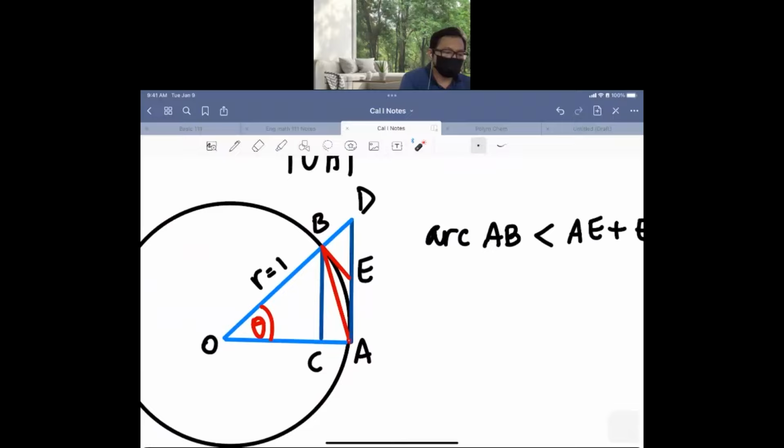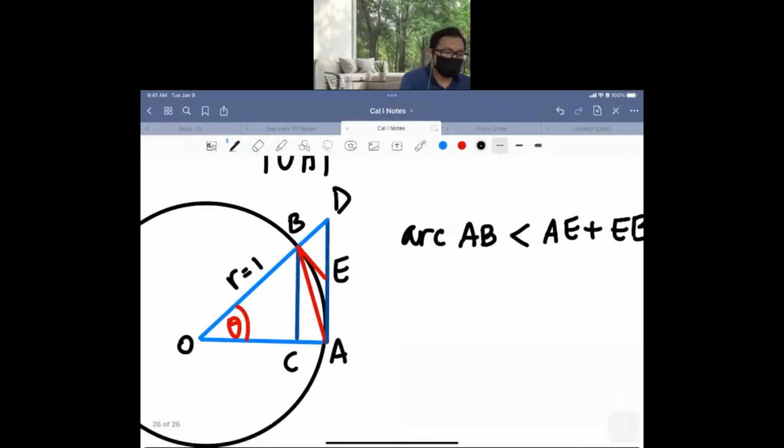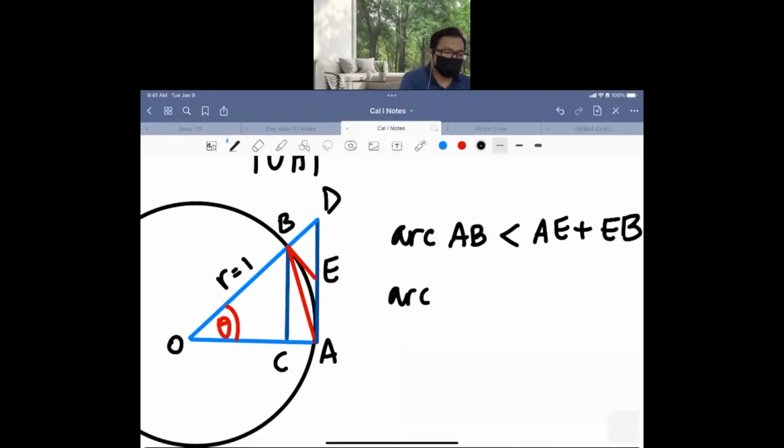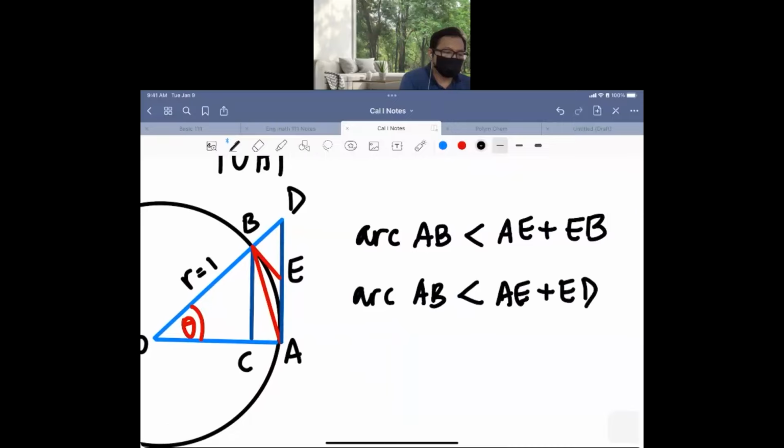If you see the picture, arc AB is this one, and AE plus EB is, of course, having more length. Also, the arc AB will be less than AE and ED.